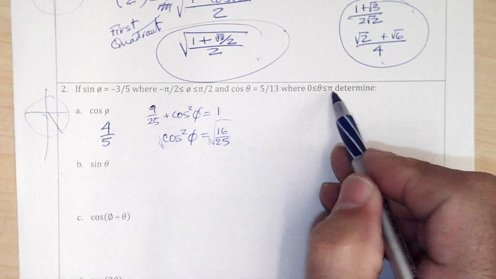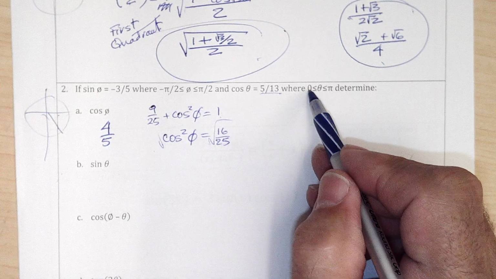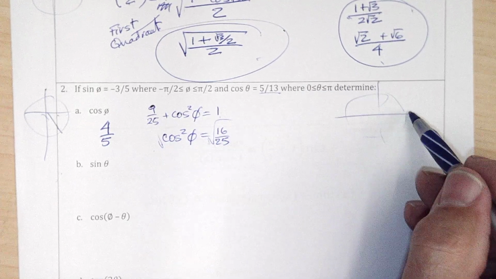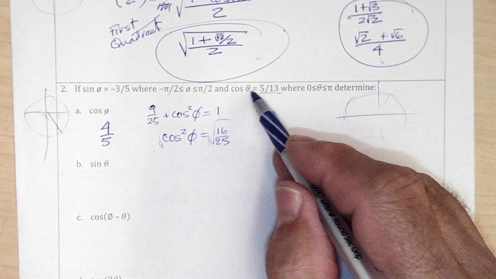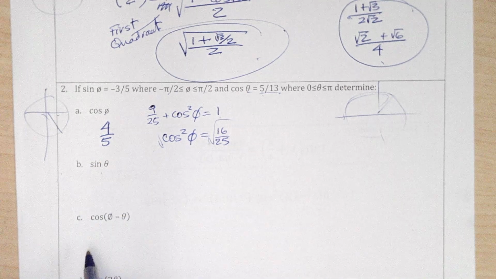Now, if we're doing something that's positive in either the first or second quadrant, 0 to pi, and the cosine's positive, we have to be in the first quadrant, so the sine will be positive also.